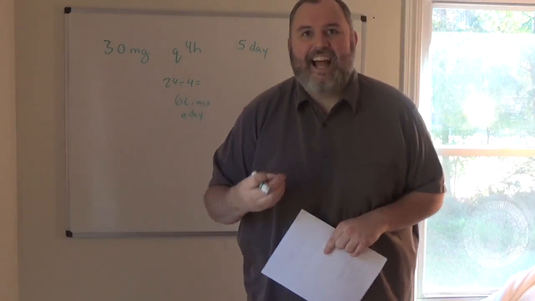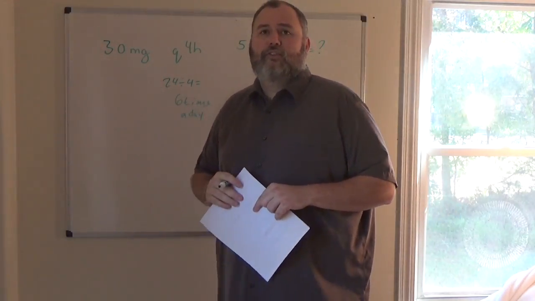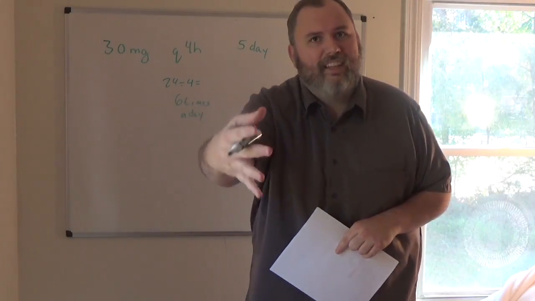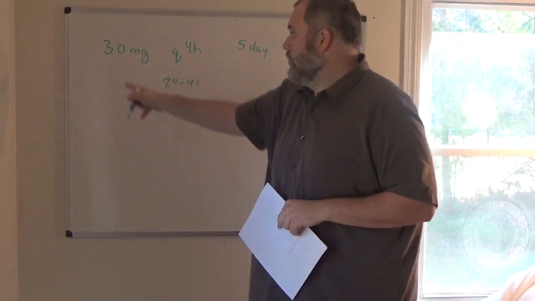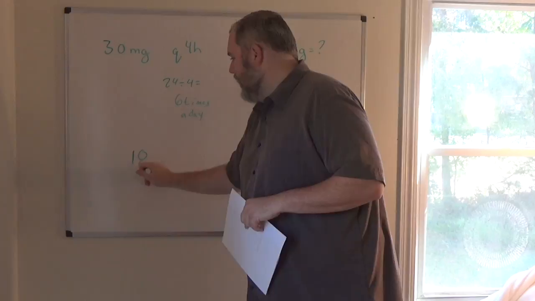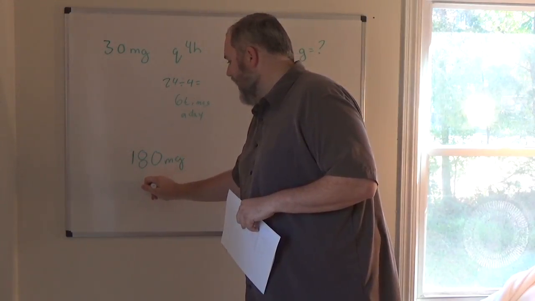So 6 times a day that patient receives 30 milligrams. So 30 milligrams 1, 30 milligrams 2, 30 milligrams 3, 4, 5, 6. All right. So I can find out how much they get in a day by saying 30 times 6. So they're getting 180 milligrams a day.